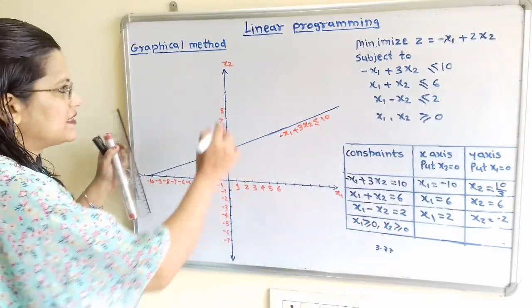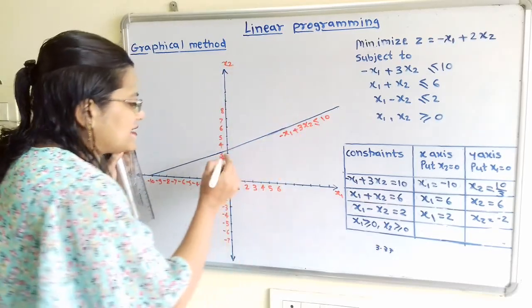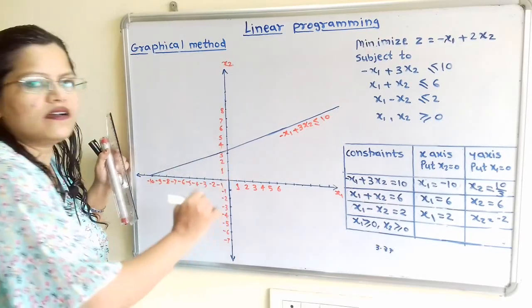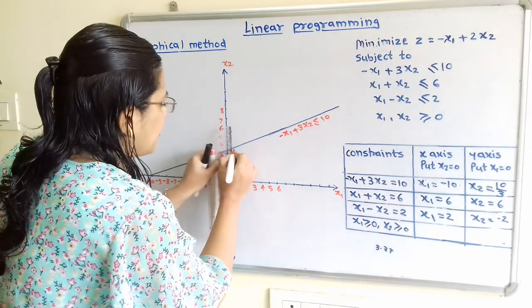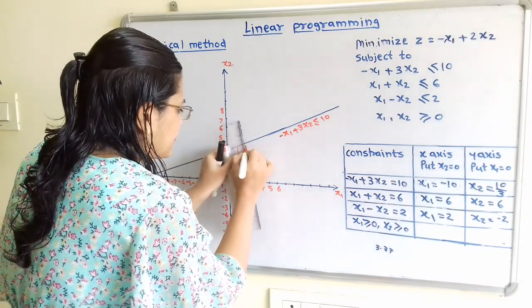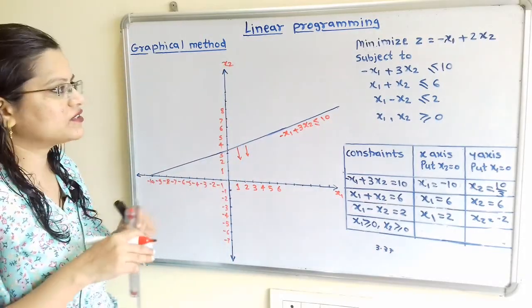So the value of x2 is less than or equal to 3.33, and the lesser values are in the downward direction. So I will show this downward direction, which is limited to the y-axis only.